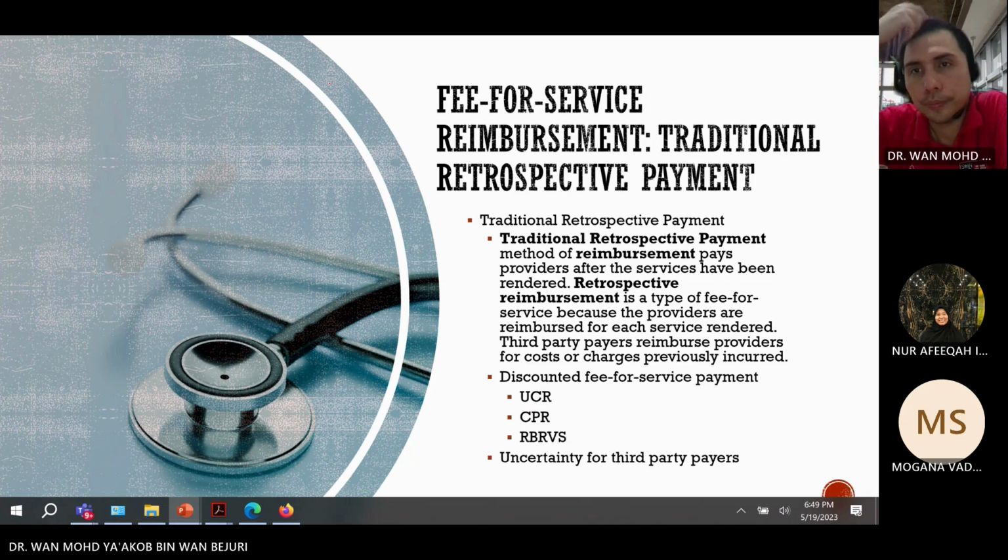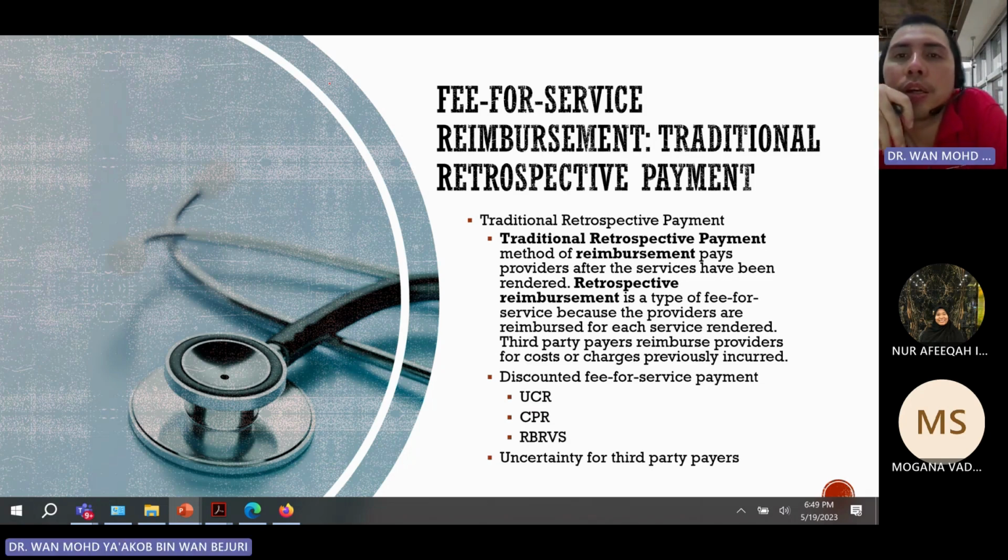For traditional retrospective payment, basically it is a method of reimbursement that pays the provider after service has been rendered. It is a type of fee for service because the providers are reimbursed for each service rendered. Third party payers reimburse providers for costs or charges previously incurred.